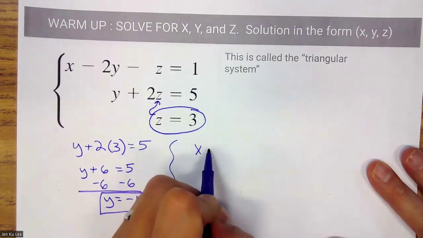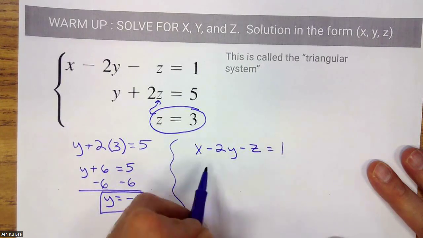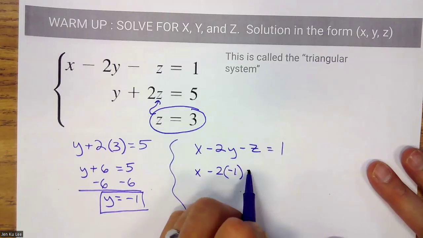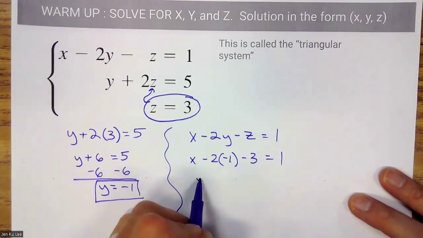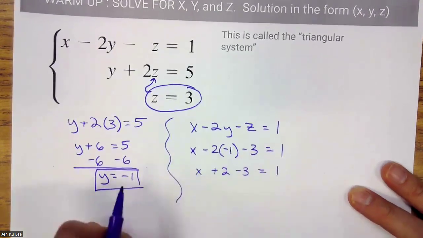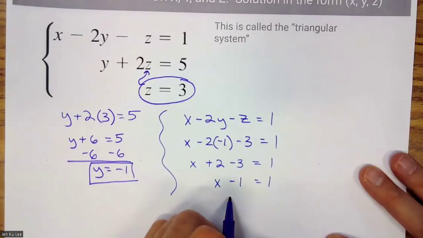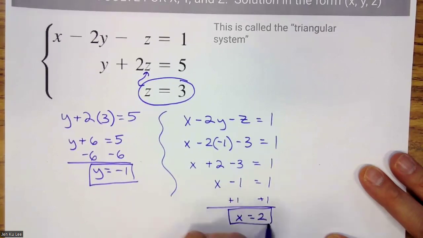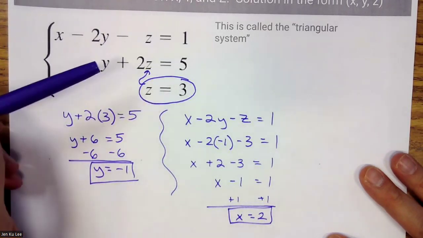So I have x minus 2y minus z equals 1. So x minus 2 times -1 minus 3 equals 1. And then I simplify, do some basic algebra. X minus 1 equals 1. So then add 1 to both sides. X equals 2. Right? So I solved for x, I solved for y, I solved for z, I'm done.